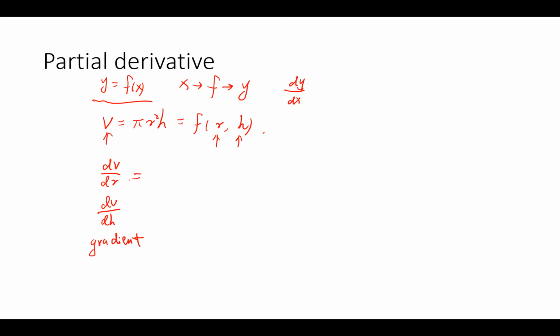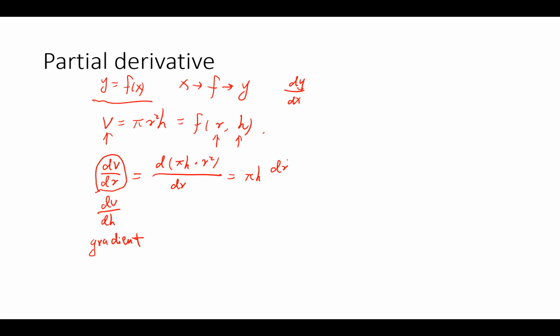When we calculate, for example, the sensitivity of volume with respect to the radius, we treat all the other variables as constants. So we can express v as pi h multiplied by r squared, over dr. Now we can move pi h outside because they stay constant.